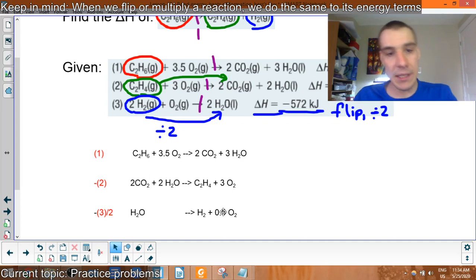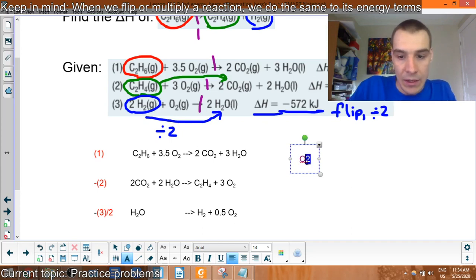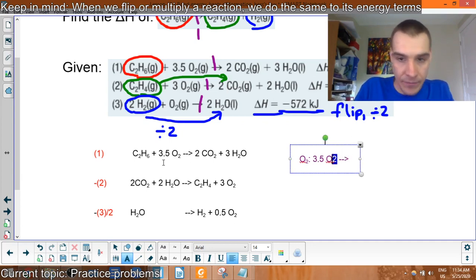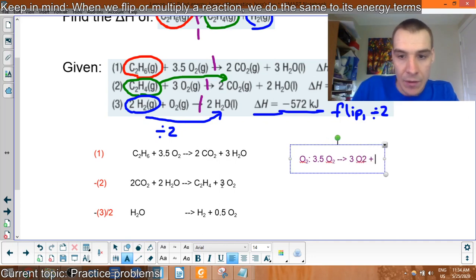So let's prove that these things cancel out. Let's start with O2. On the left side, we have 3.5 O2. On the right side, we have nothing on the first reaction, we have 3 O2 over here, and then down here we have 0.5 O2.